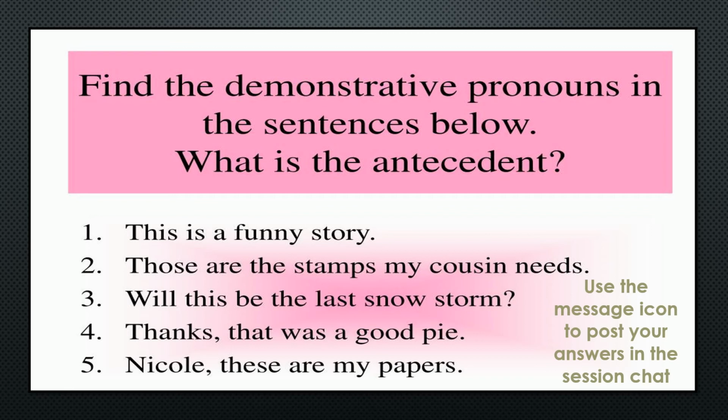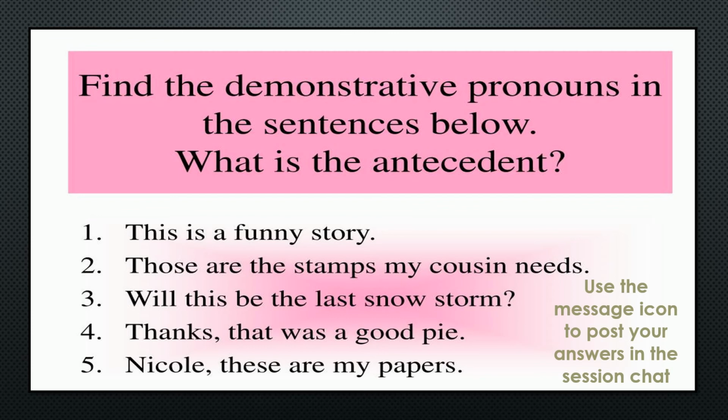And then of course the antecedent is going to be the funny story. Number two, those are the stamps my cousin needs. So where is the demonstrative? Those. The antecedent, stamps. Very good.